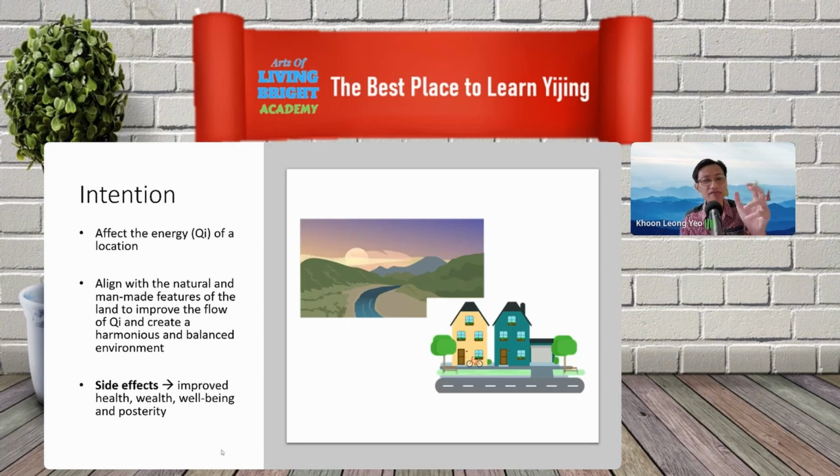Now, the side effect, although you can do all these things, is that it will lead you to improved health, wealth, well-being, and posterity. This side effect, do you want? We want, right? So if you want this kind of side effect, then we must learn these skills, how to align ourselves with the natural and man-made features to improve the flow of qi. In short, this is what we want to do.